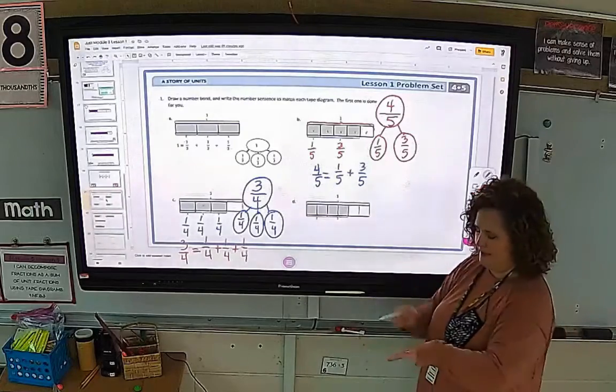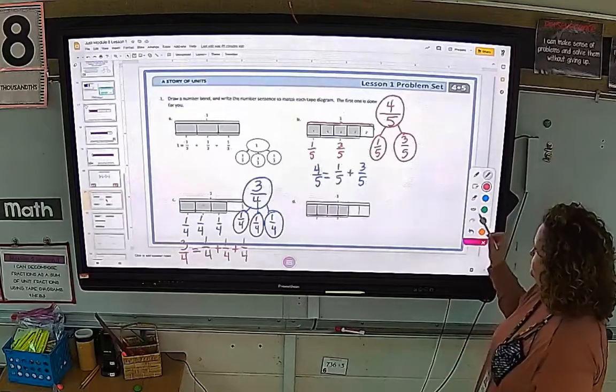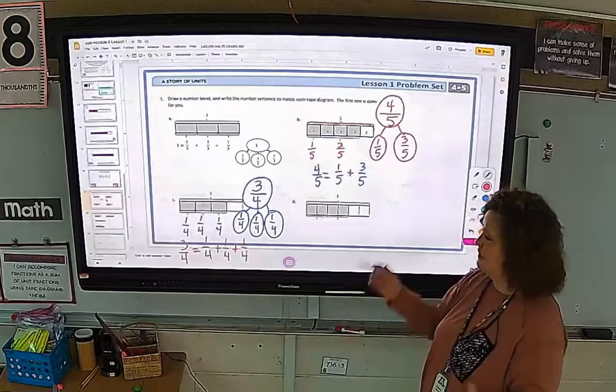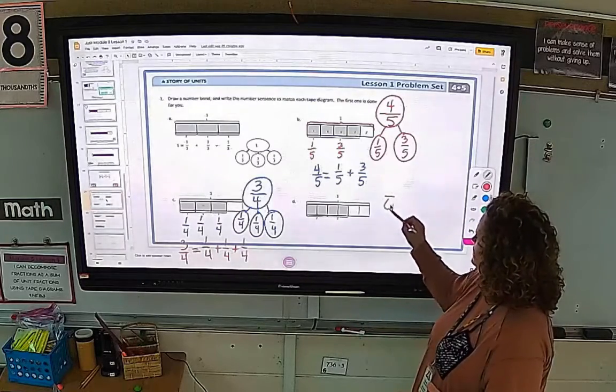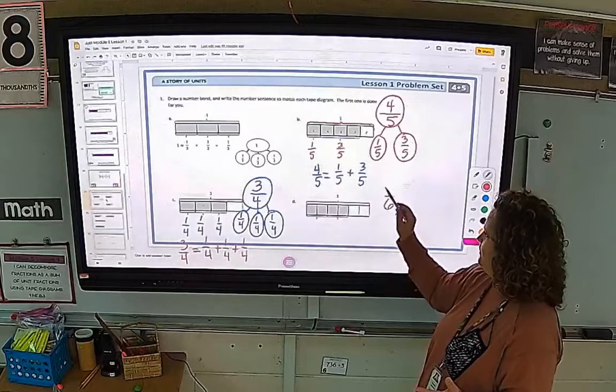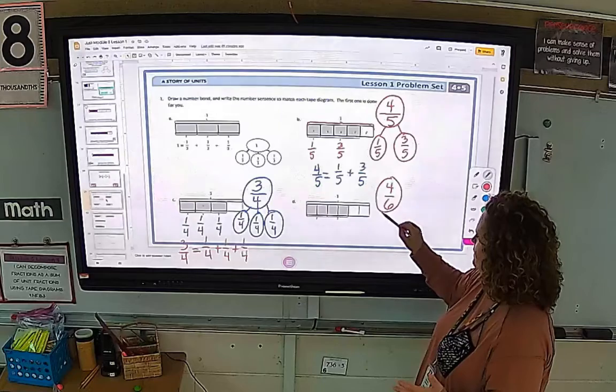And then letter D. Okay. We've got 1, 2, 3, 4, 5, 6 total pieces in the whole. So that is our denominator. How many are shaded? 1, 2, 3, and 4. We've got 4/6. Okay.